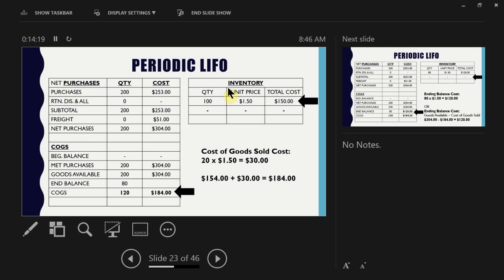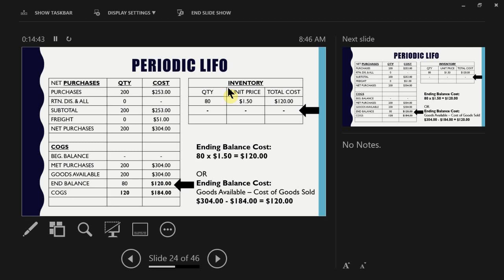This is where we apply quantity times unit price again: 20 times $1.50 gives us a grand total of $30 even. So again, $154 plus $30 gives me a grand total of $184 even.